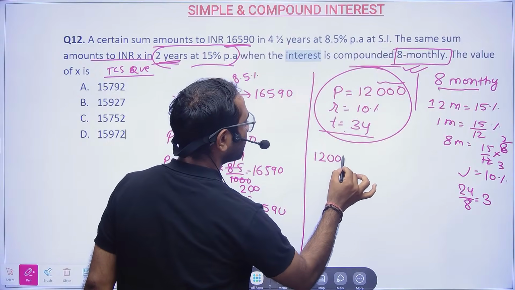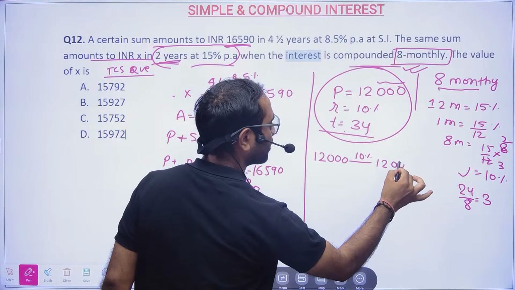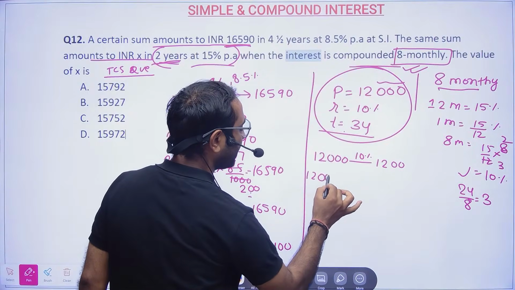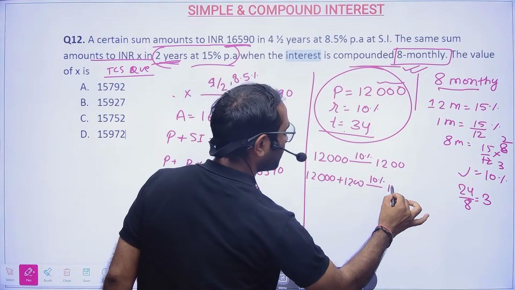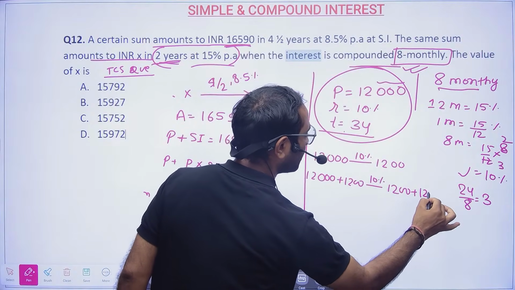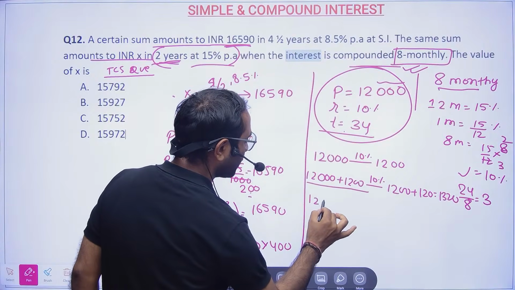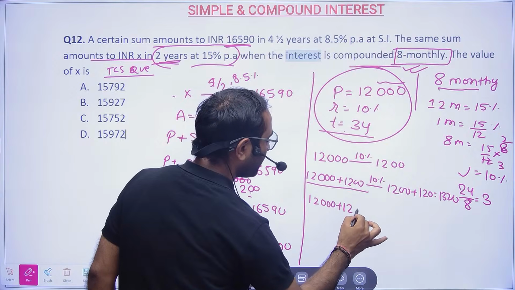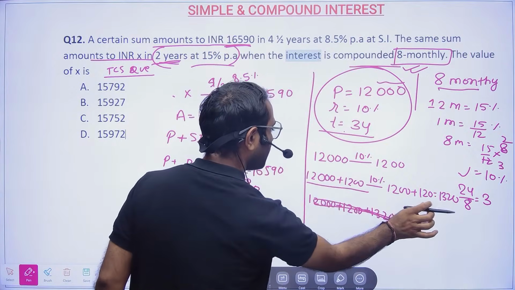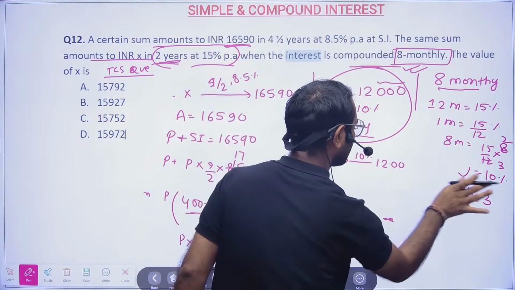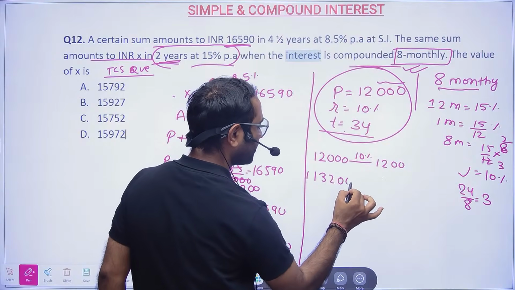Now I need to calculate compound interest. So 12,000. Okay, so 10%. 10% is nothing but 1200. So my interest will be 1200. Next year 12,000 plus 1200, and then 10%. So it will become 1200 plus 120. That means total 1320. Next year, instead of doing all those things, it will be 13,200, 10%.